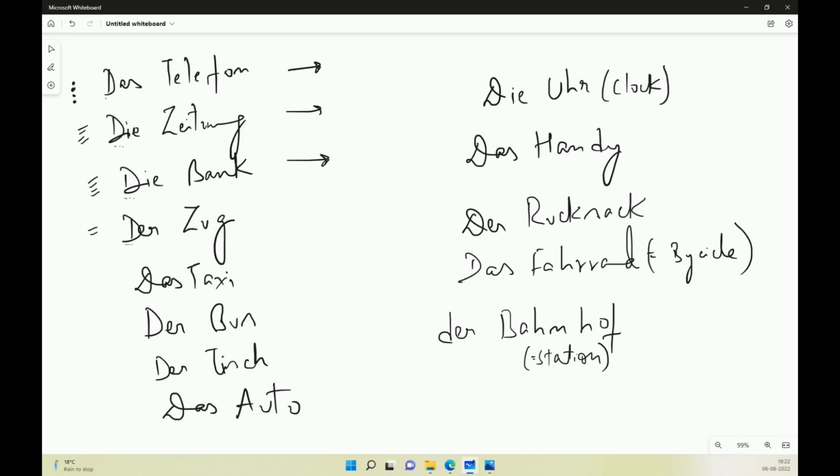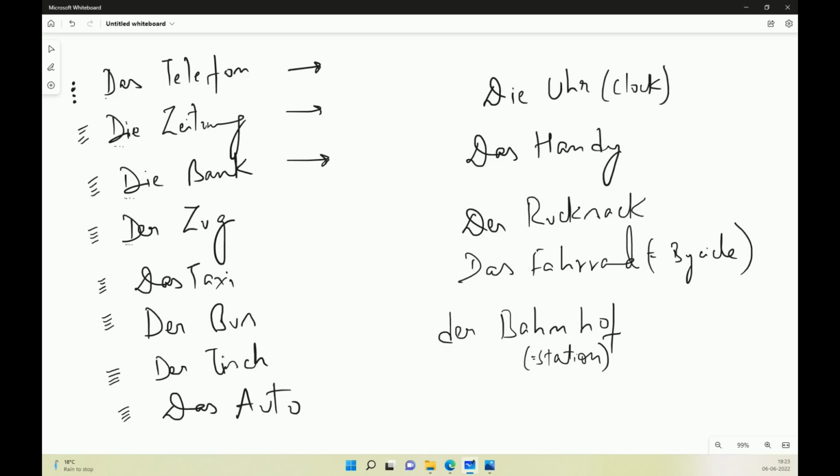Das Taxi. Der Bus. Der Tisch. Perfect. Das Auto.